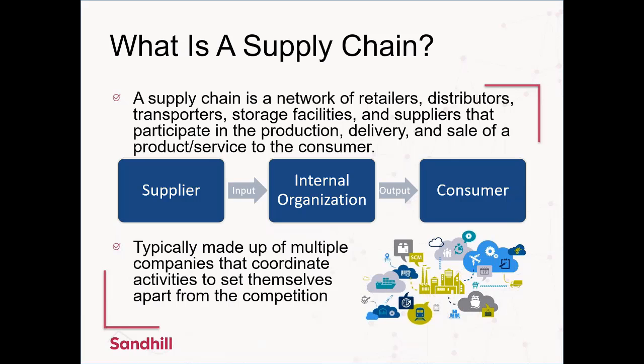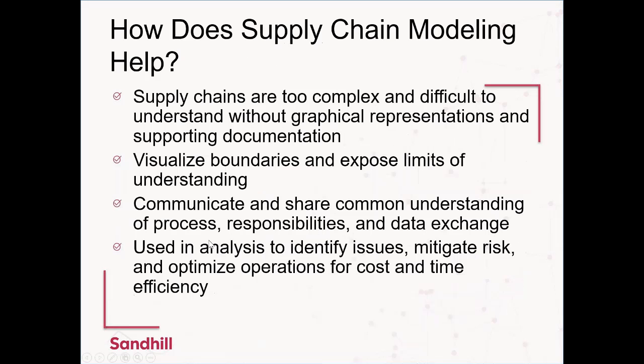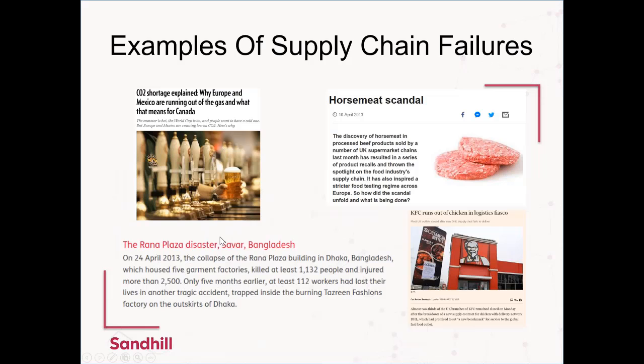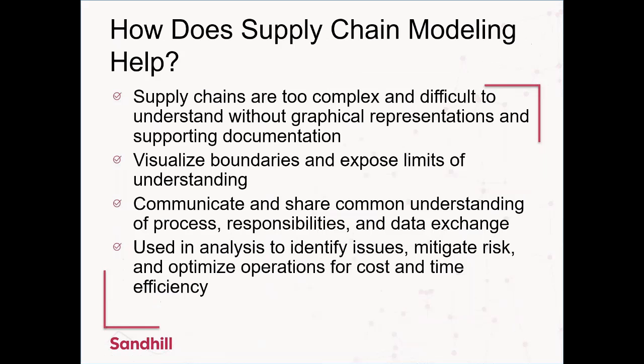So if you think about it, your normal supply chain can be very complex, because there can be many suppliers and consumers involved along that route. So the supply chain itself, as I've said, can be very, very complex.